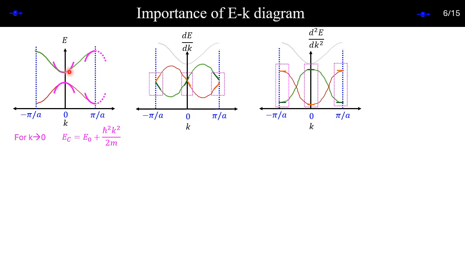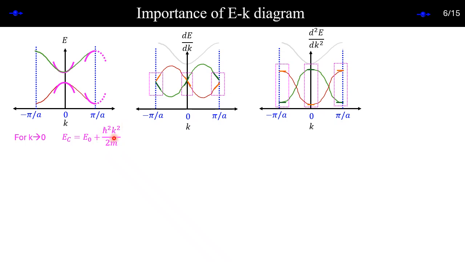So we are doing near k equals 0. You take a derivative. Near k equals 0, E is proportional to k squared, right? This is what you have. If you take a derivative of this, what do you get?